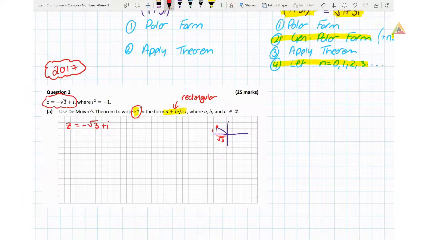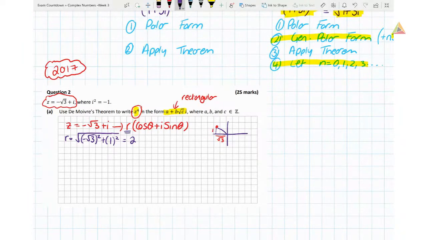Okay, so the first thing we do, remember we want to write this in polar form, r cos theta plus i sin theta. The first thing we're going to try to find is our modulus. So remember, that's going to be the square root of the real part squared plus the imaginary part squared. And when we throw that into our calculators, we should be getting a modulus of 2.